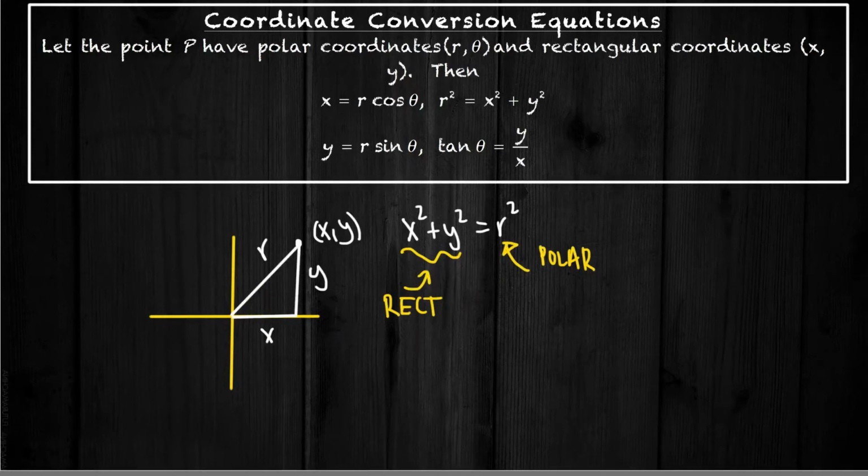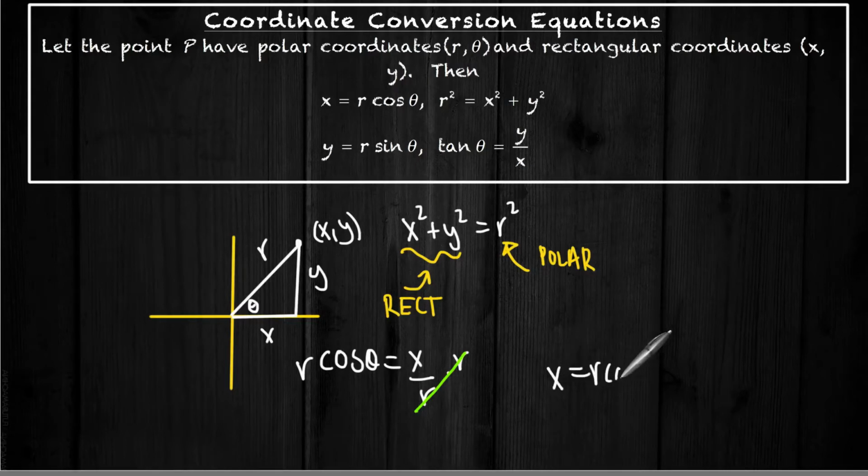Now we can also use our knowledge of trig, and let's say that angle is theta. So we can say cosine of theta is equal to my adjacent over my hypotenuse. So if I multiply both sides by r, this is no different than what we did with the vectors. We see that x is going to be equal to r cosine theta.